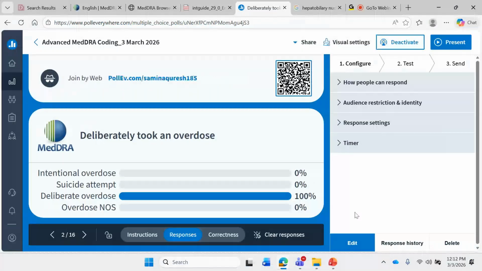Okay, so the verbatim string is "deliberately took an overdose." And what would be... remember, the take-home message is that your primary aim is to do an exact match of what is reported.